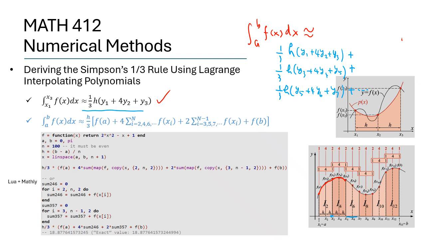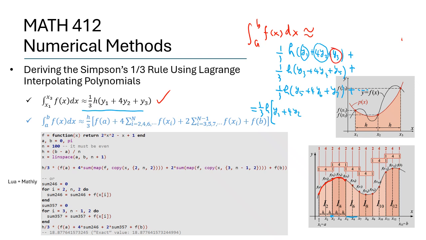Now you can tell with these, we combine like terms. First, you can factor out 1/3 h. How many y1? Only one y1. How many y2? You have 4y2. How many y3?